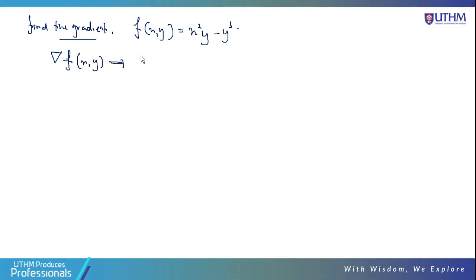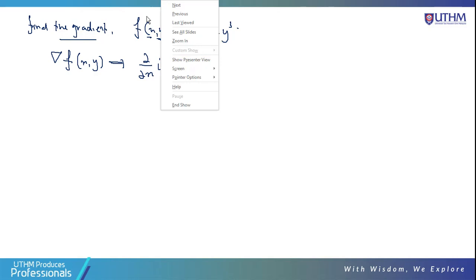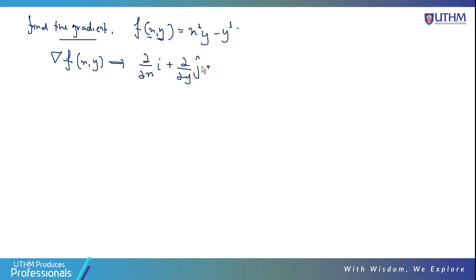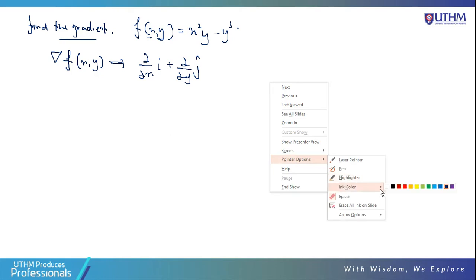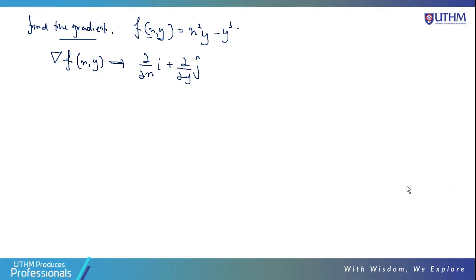The formula is partial with respect to x times i, plus partial with respect to y times j. Because this one only has two dimensions, x and y, we just stop at the j. To get this, you need to take the partial derivative with respect to x.